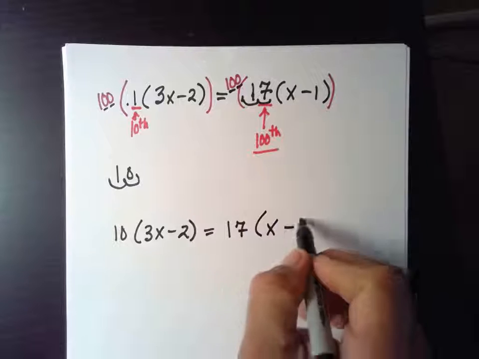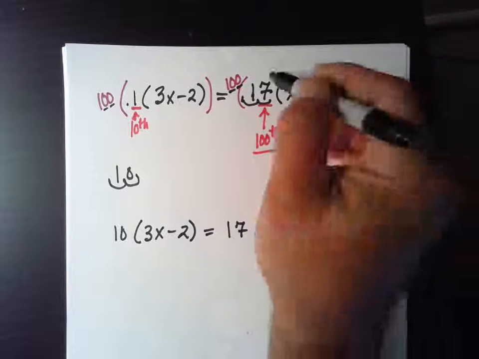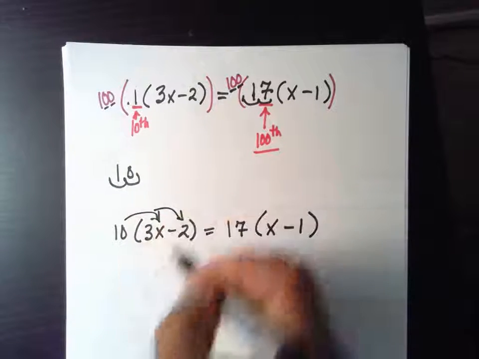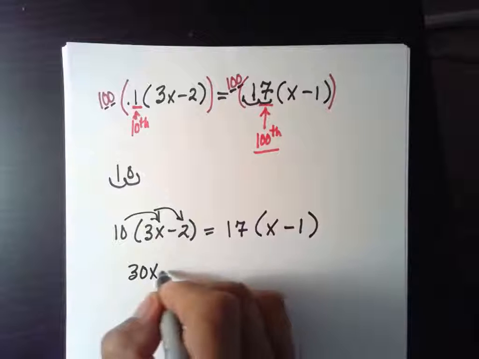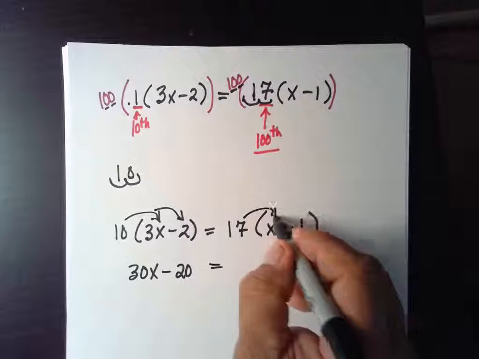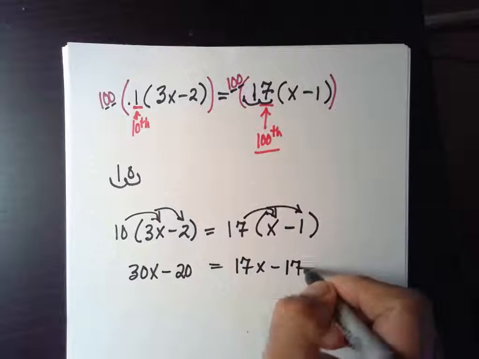And there, again, magically appears a problem that you can do a whole lot more easily than you could if you were relying on a calculator working with decimals. So that'll give you 30x minus 20 is equal to 17x minus 17.